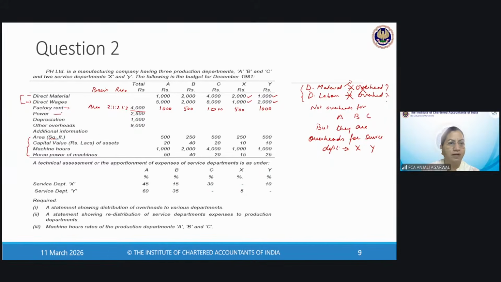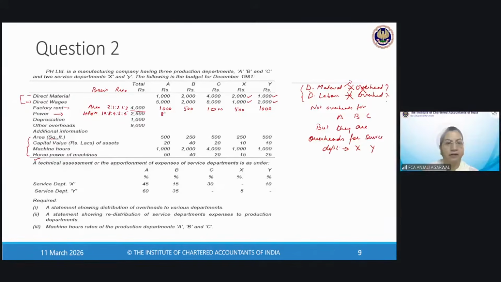Second is power. So what do you think is the basis for power amongst these four? Horsepower of the machines is given. Ratio is 50, 40, 20, 15, 25. So the ratio is 10 is to 8 is to 4 is to 3 is to 5. So 2500 divided by 30 into 10.